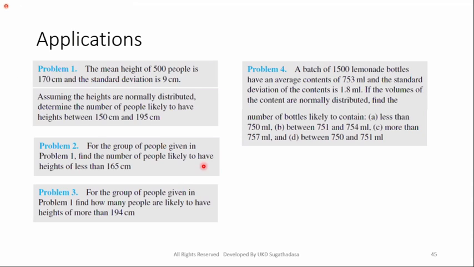By this time you should understand how to calculate the z value: x minus mu by sigma every time. X is 195, the value we want to consider, minus mean value 170, divided by 9. You get 25 by 9. That is z greater than 2.67.